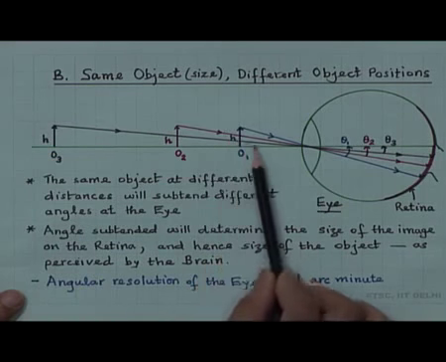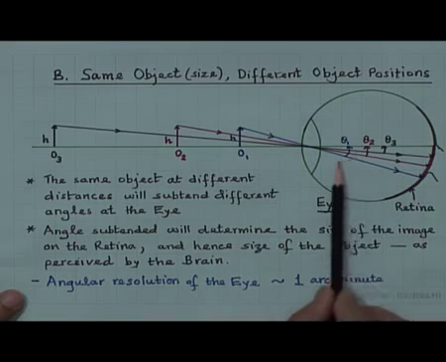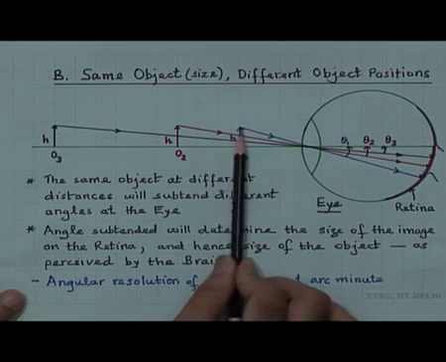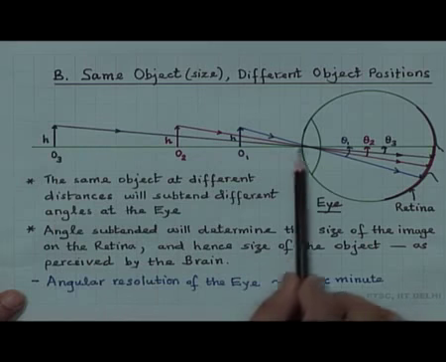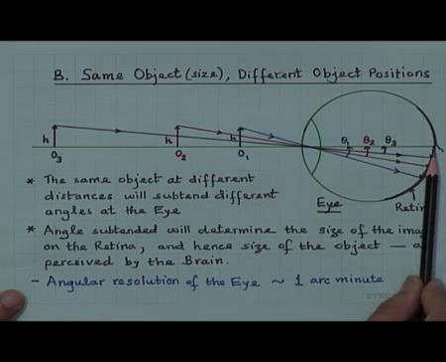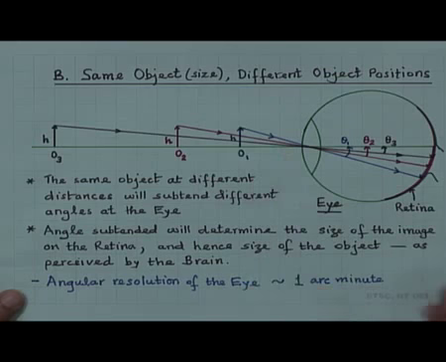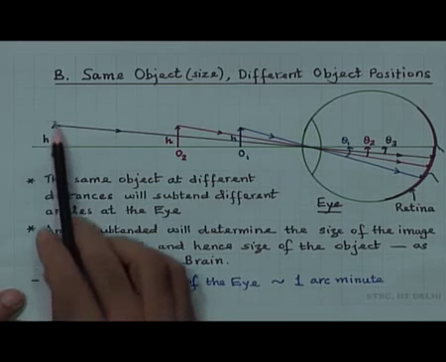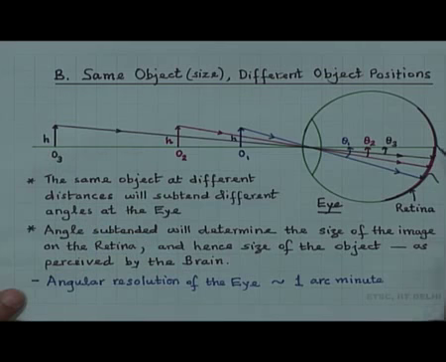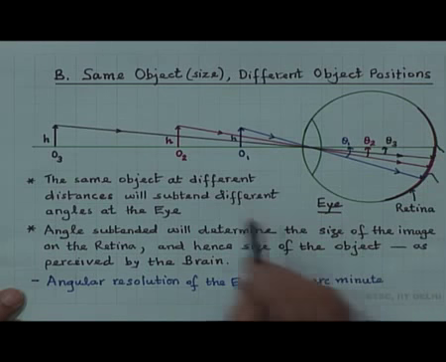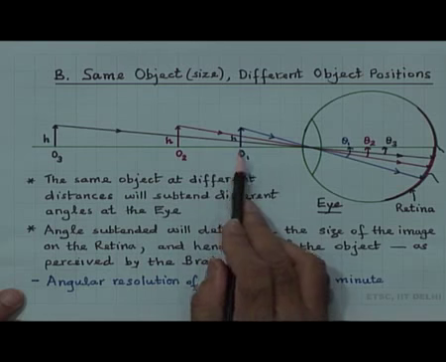An object which is nearer subtends a larger angle, and the same object as it goes away subtends a smaller angle at the retina and at the eye, which means the same object is sensed by a smaller area of the retina, which means a smaller number of rods and cones, a smaller number of sensors here, as compared to a larger number of sensors in the case of the same object when it comes closer.